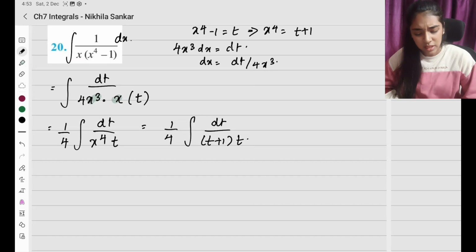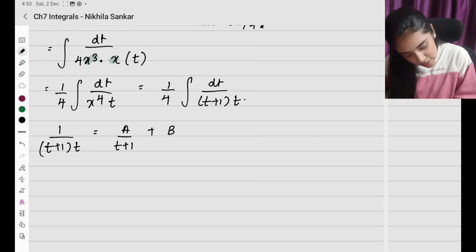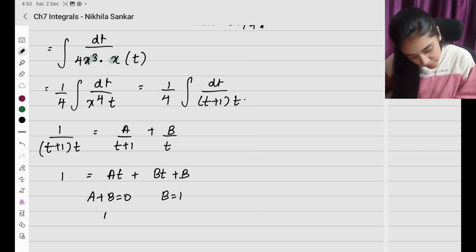Okay, now my integral becomes much simpler, partial fraction. So 1 by t plus 1 times t equals a divided by t plus 1 plus b divided by t. LCM: at plus bt plus b equals 1, equating a plus b equals 0, b equals 1, a equals minus b, so a equals minus 1.